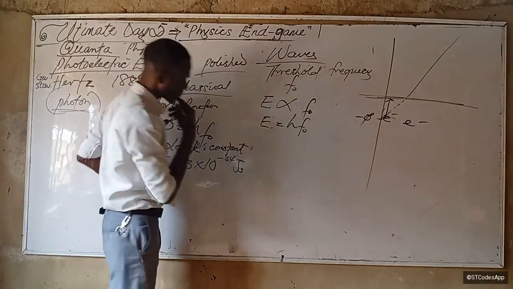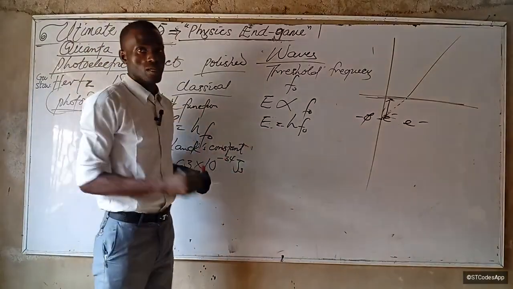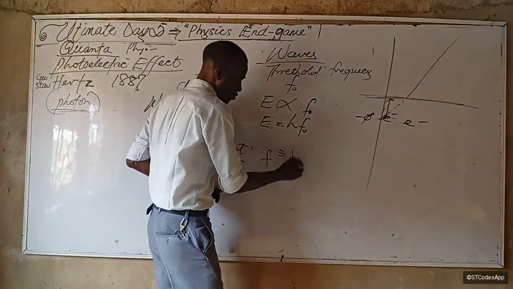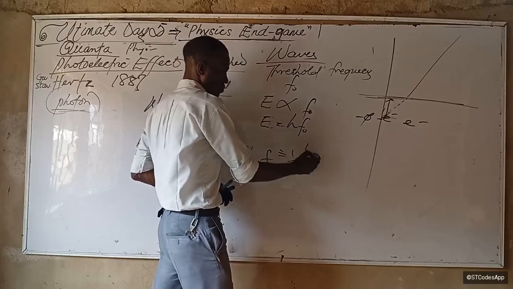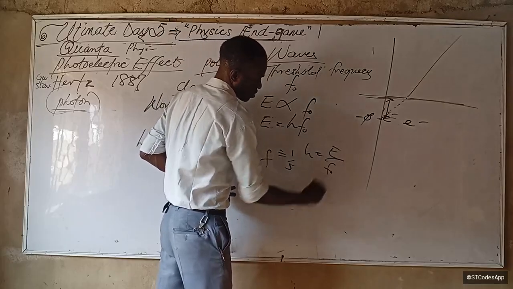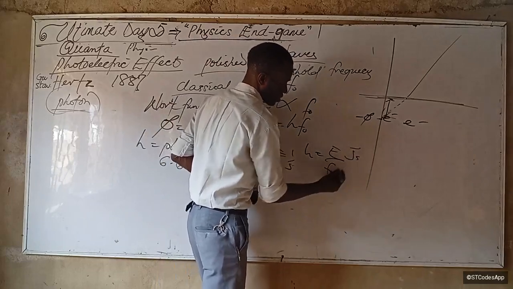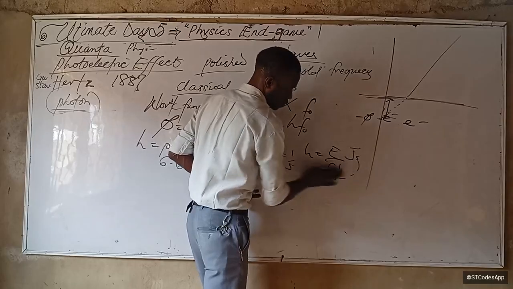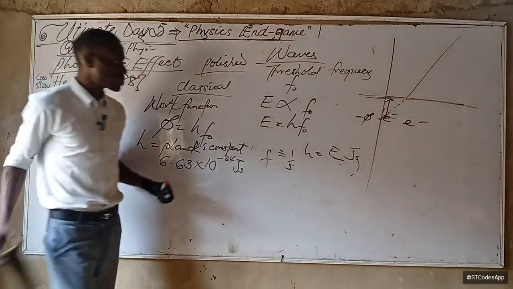Joule seconds, because frequency is per seconds. You remember? Since frequency is equal to 1 over period, that will be per seconds. So Planck's constant will be E over f naught. So the energy is joules times seconds, this one is per seconds. The rest goes up. Does that make sense? Yes, sir.